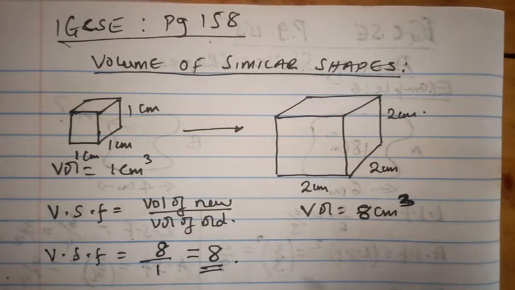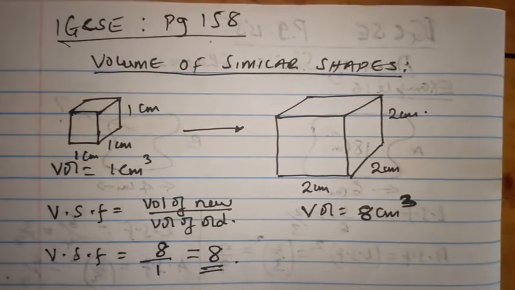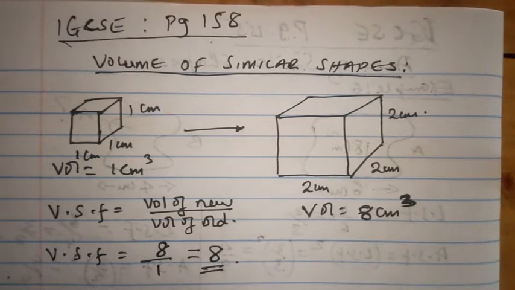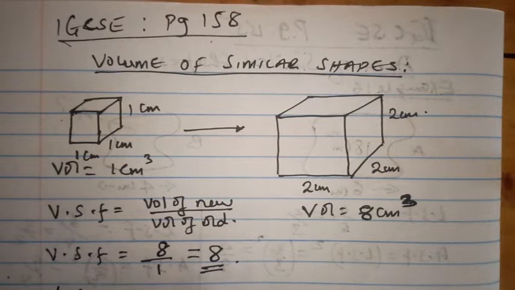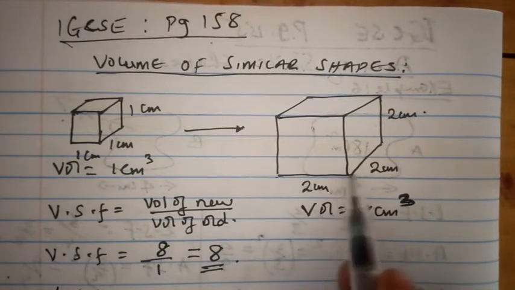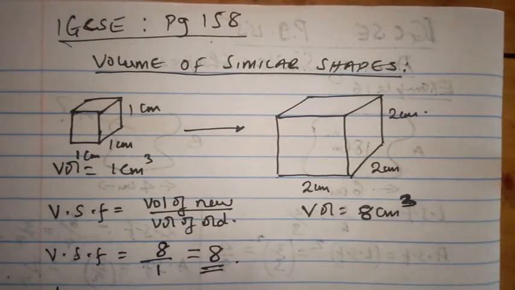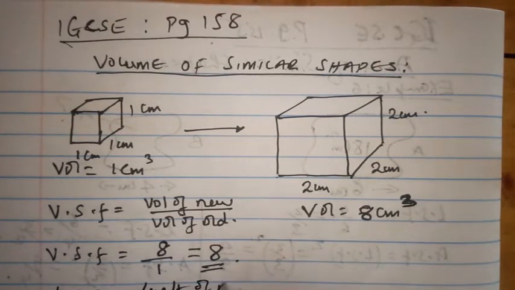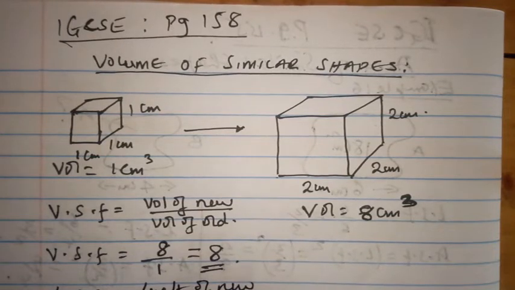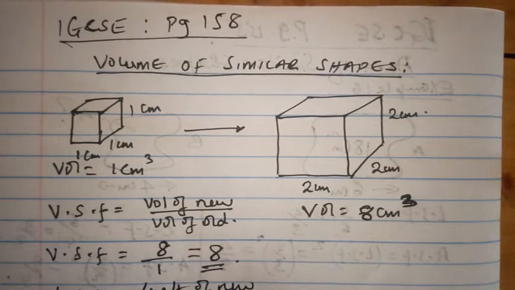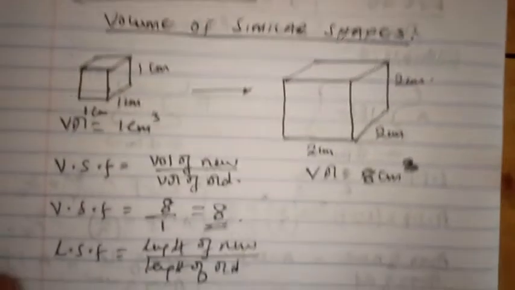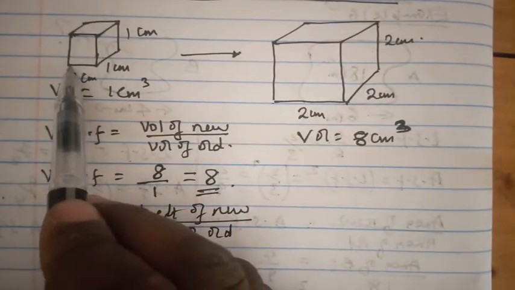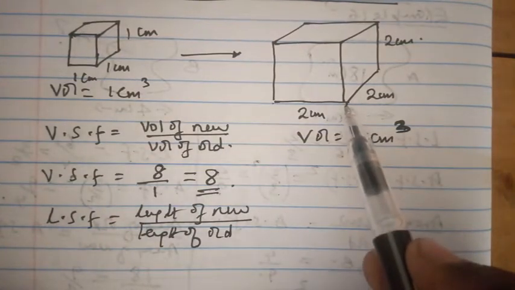If we would wish to now relate this with the linear scale factor, you will also see that the linear scale factor is the length of the new over the length of old. And I said corresponding length, not any length. You cannot compare length and here you compare with height.